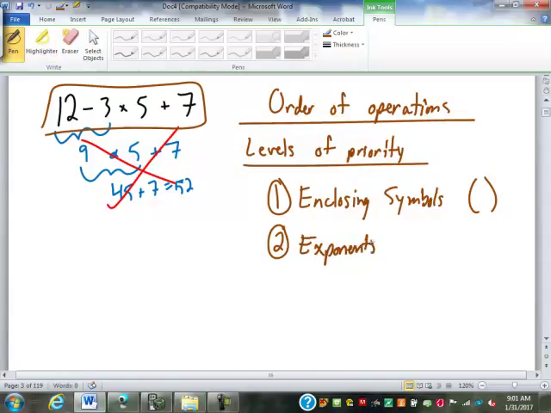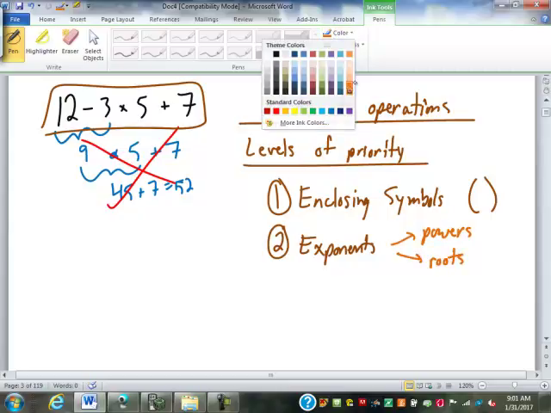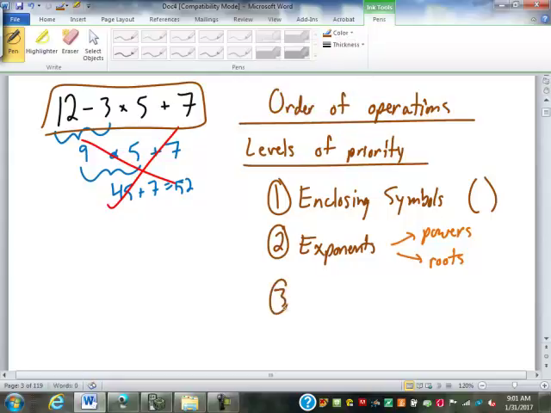Second level of priority is exponents. And exponents include powers and roots. Third level priority is multiplication. Now, I've already said that multiplication and division are really the same operation.